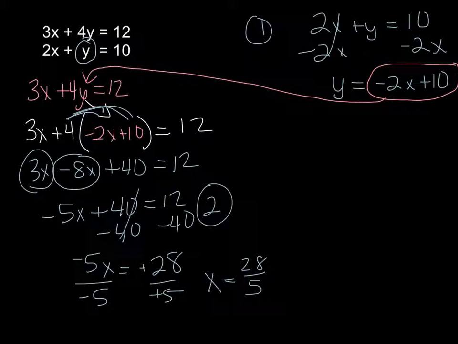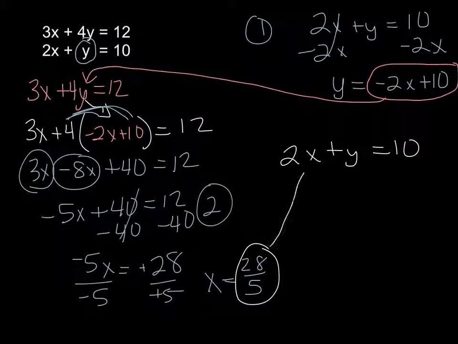Step 3 is to take our answer from step 2 and plug it into one of our original equations. Now I like to work with the equation that has smaller numbers, so I'm going to start with that second equation, and I'm going to plug in my x. So since x is 28/5, I'm going to plug it in right there.